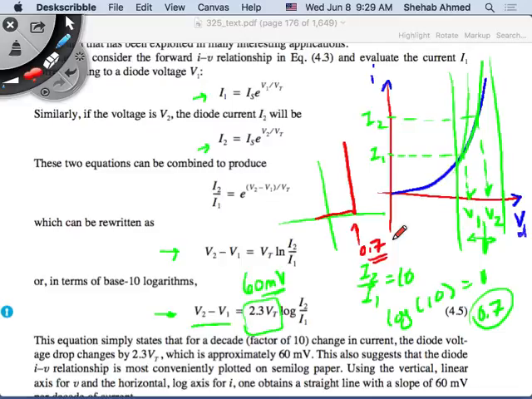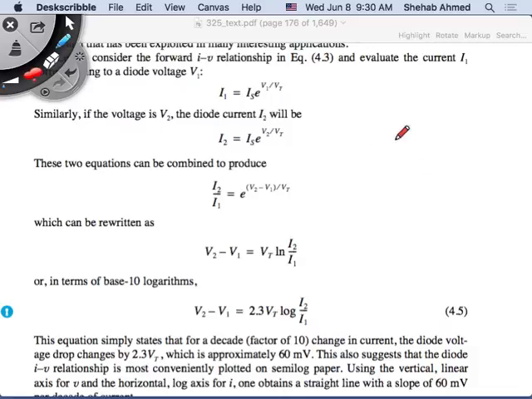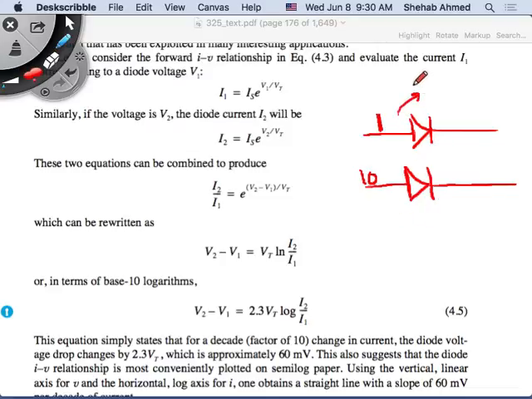Even though current changed by 10 times, this voltage didn't change much. So that's another justification for the fixed voltage model, which tells me that if I have a diode pushing 1 amp, or a diode pushing through 10 amp, it's okay to model this as only the 0.7 volt fixed voltage model.